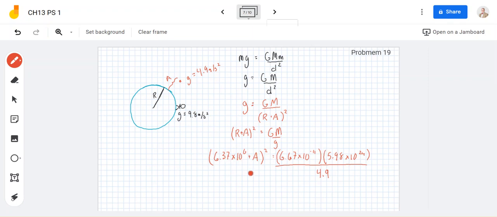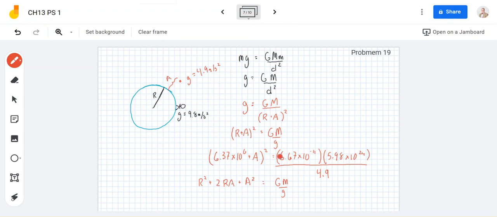So if I just take one step back, if I square this thing here, I'm going to get r squared plus 2RA plus a squared, and that's equal to this side here, which is GM over g. And this is going to be a number, and then we're going to have to solve the quadratic equation for this one.